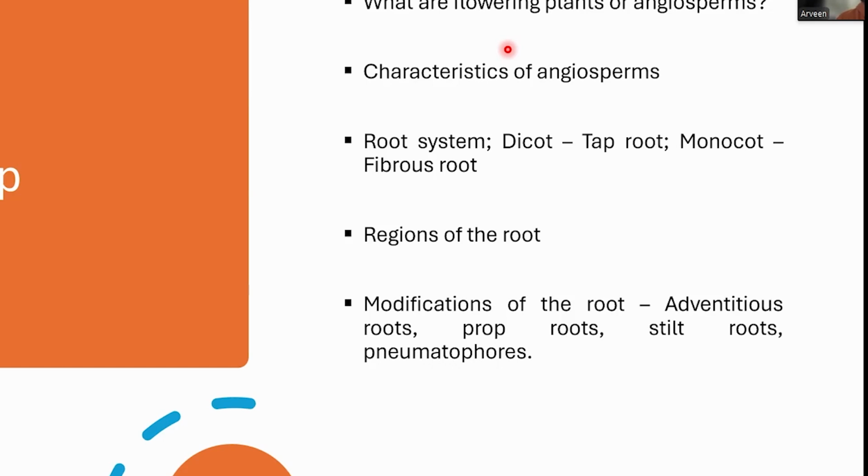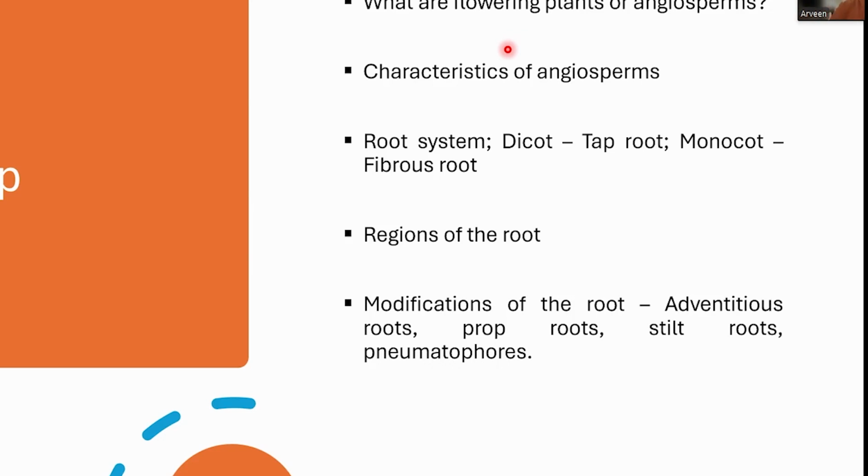Then we discussed certain characteristics of the angiosperms, such as them containing a seed, and the seed is also always encapsulated, so it is protected by a flower or a fruit. These were certain characteristics.